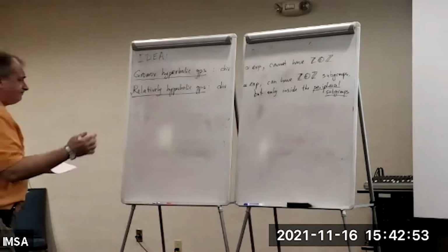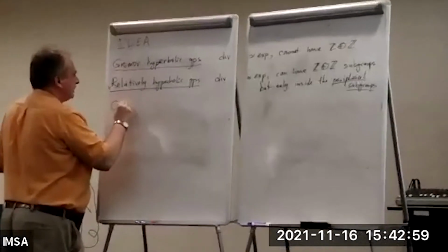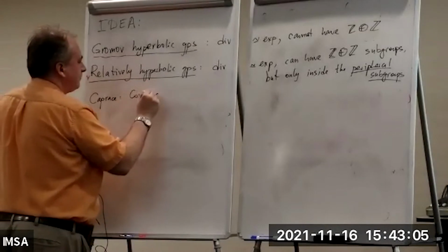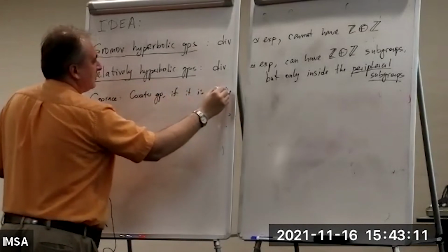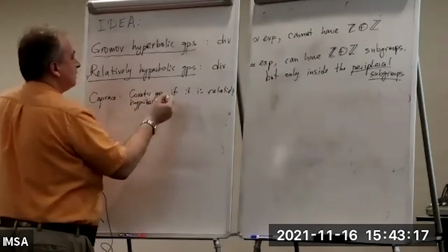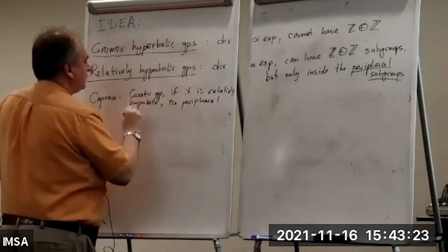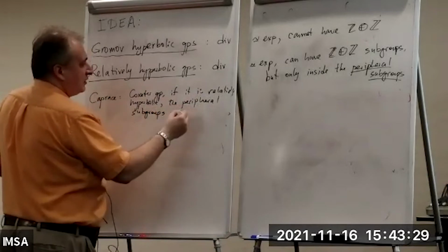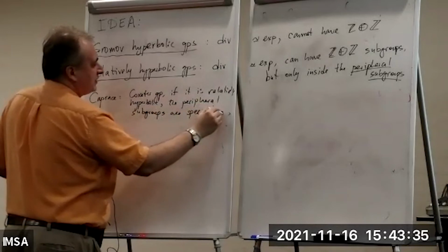So the idea is this. Caprace proved that for a Coxeter group, if it is relatively hyperbolic, the peripheral subgroups are special or parabolic, that is given by a subset of generators.